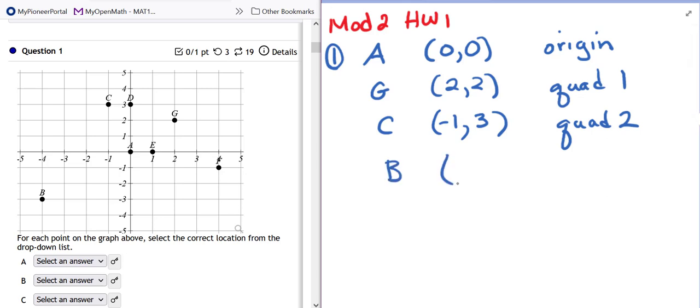And it is negative 4, negative 2. And that is quadrant 3. And then just so we don't leave one out, we'll do quadrant 4 is F, which is 4, negative 1.